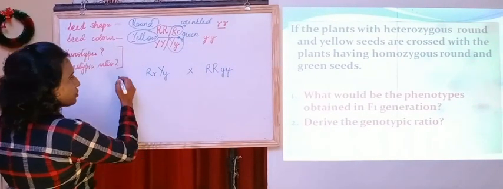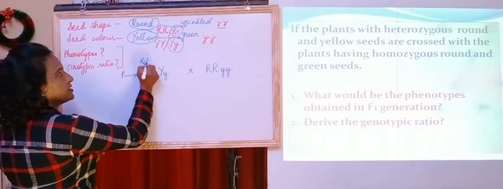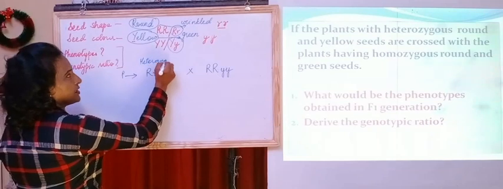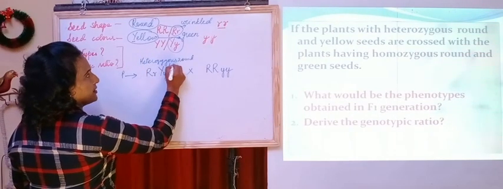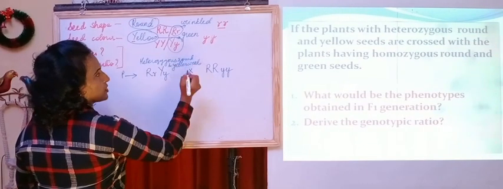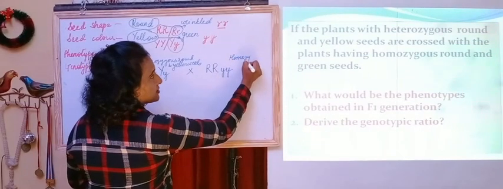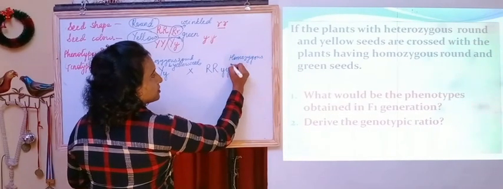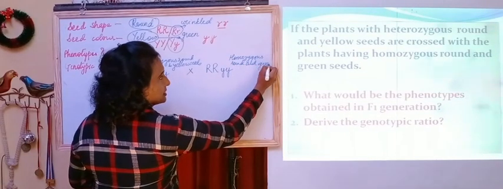So we have to cross these plants. I have to mention here that it is heterozygous round and yellow seeded plants crossed with homozygous round and green seeds.